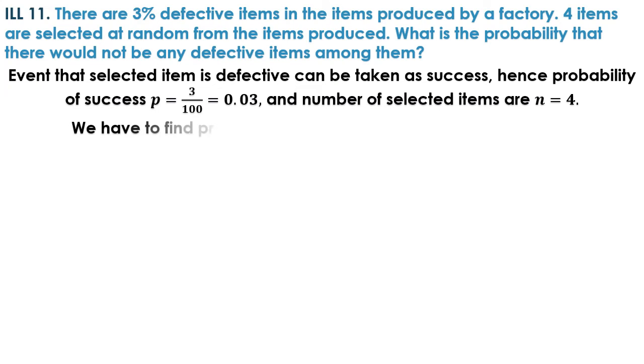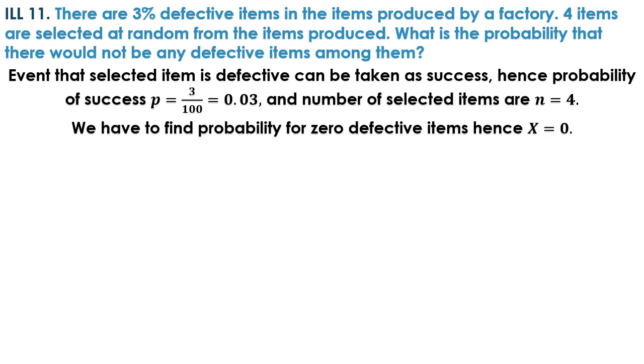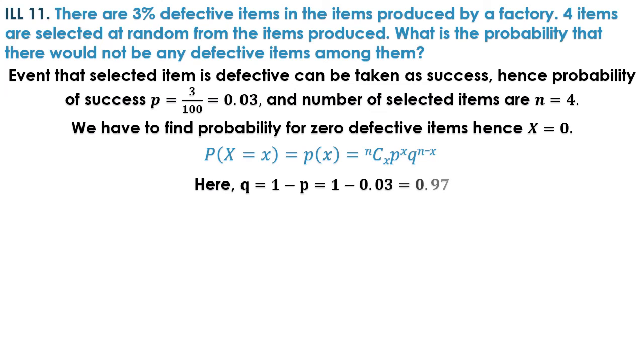Now out of these n items, we have to find 0 defective items because there are not to be any defective items in the selection. So x will be 0. As we know, our probability density function is nCx p raised to x, q raised to n minus x, and we don't have the value of q. So q is 1 minus p, that is 1 minus 0.03, that is 0.97.